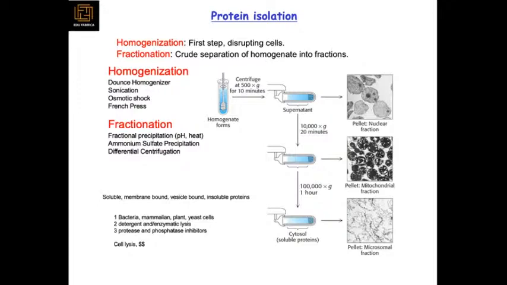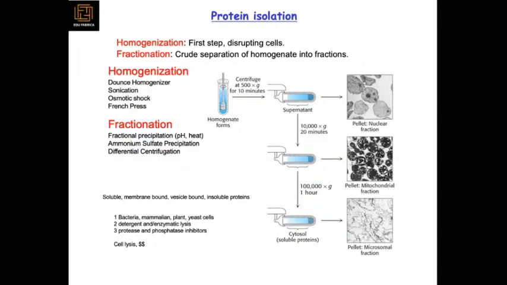Then if you keep increasing the speed of the same sample to 10,000 G for double the time, 20 minutes, then in the pellet is the mitochondrial fraction.